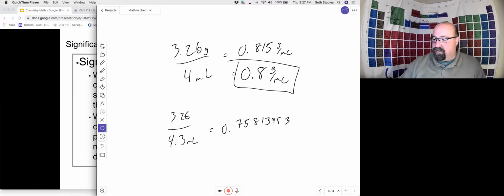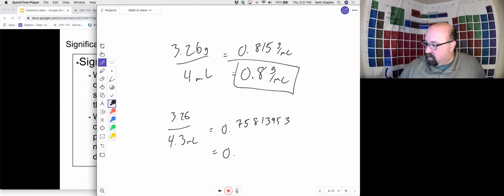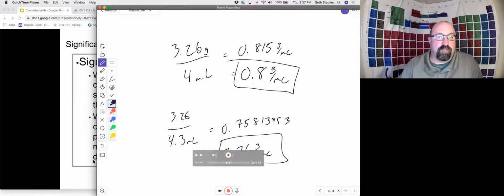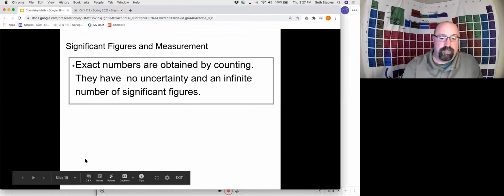But I count up my significant figures. I have 1, 2, 3. I have 1, 2. So now I can round to 2 significant figures. So I'm going to have 0.76 grams per milliliter. So that's how you would use significant figures when you're multiplying or dividing.